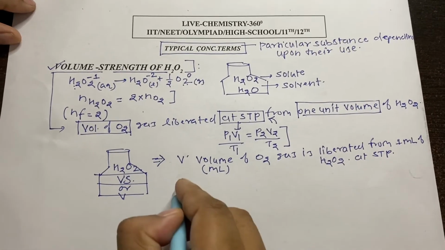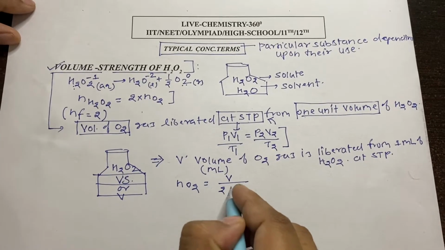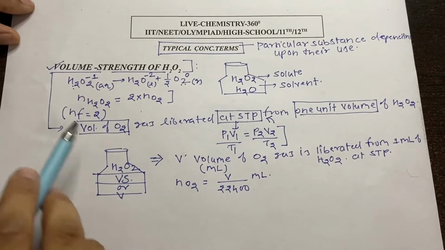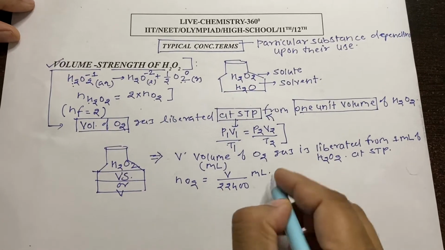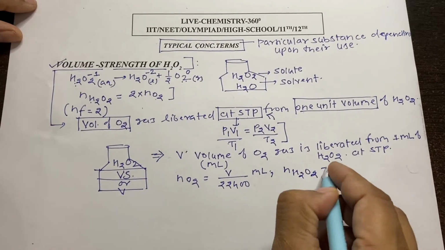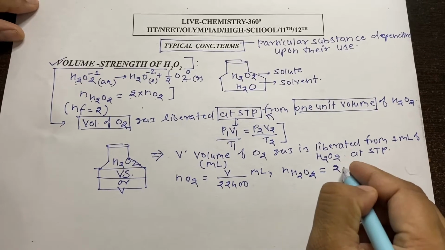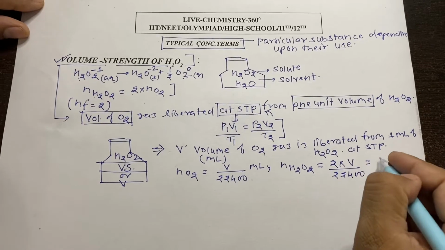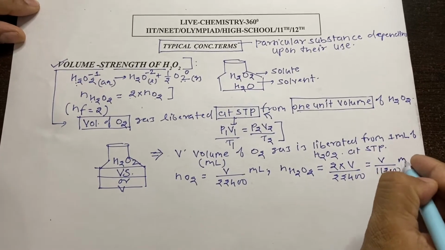So obviously we can find the moles of oxygen, that will be V upon 22400 ml. Because the moles of H2O2 is related to the moles of oxygen as twice, the moles of H2O2 will be twice the moles of oxygen, equal to V upon 11200 ml.